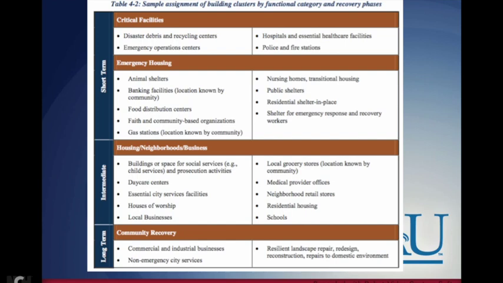And then also in the short term under emergency housing, you have animal shelters. A point that I'd like to make is that Palm Beach County's shelters for animals filled up. So for human capacity, humans can go to a shelter with their pets, but the animal shelters in Palm Beach County filled up.